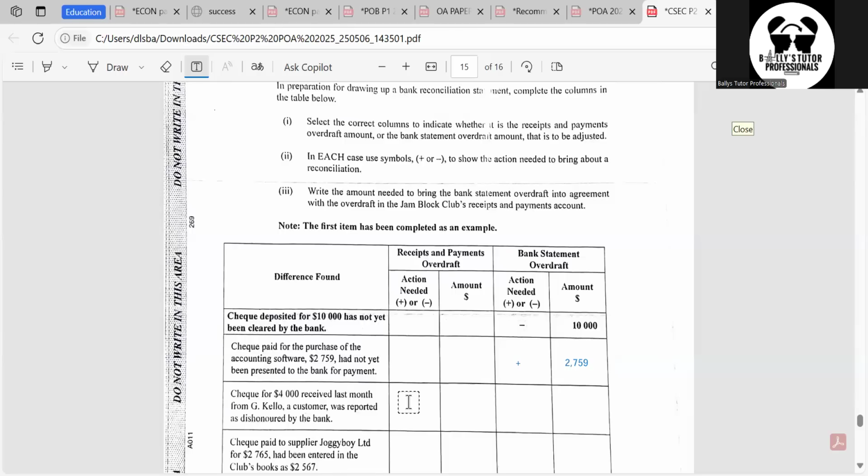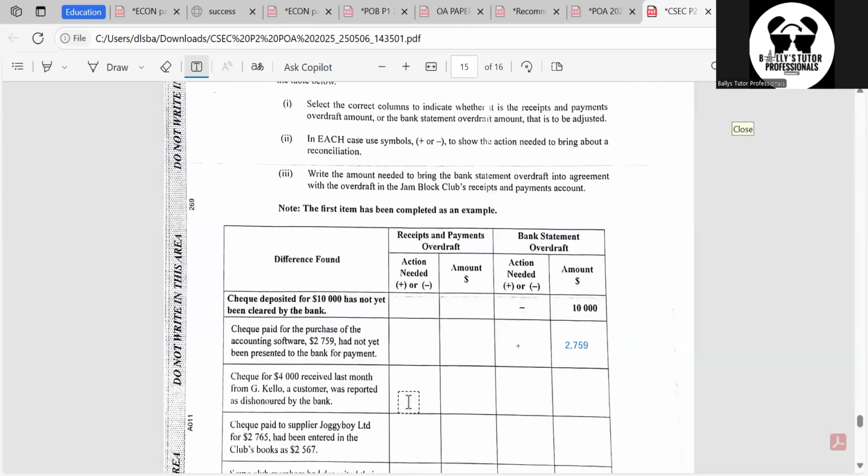Then here now, a check for 4,000 received last month from G. Kello, a customer, was reported as dishonored by the bank. So normally in the revised cash book, if it's money that we received, we would debit or add it.